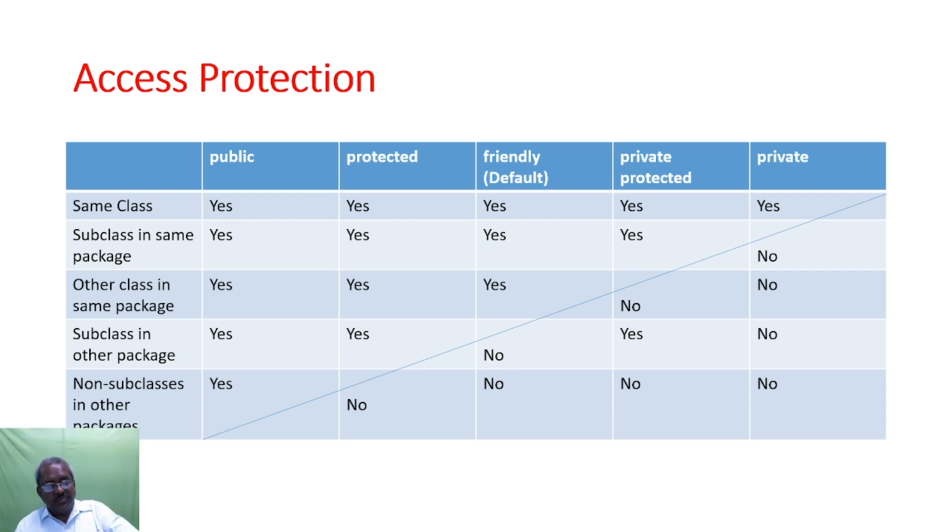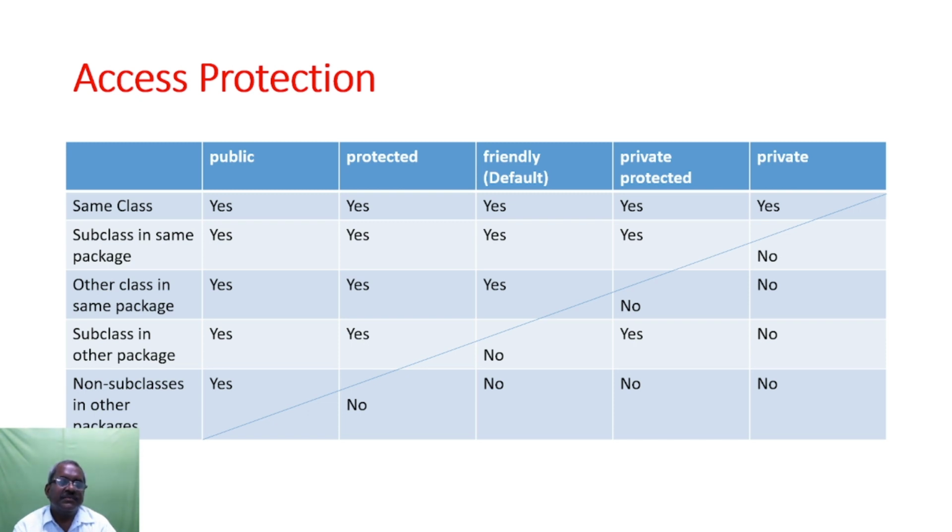This is the access protection table. Here we are giving where the classes are present and what access protection is given: public, protected, friendly, default. When it is default, it is friendly. Private, protected, private. Same class means everything is accessible.